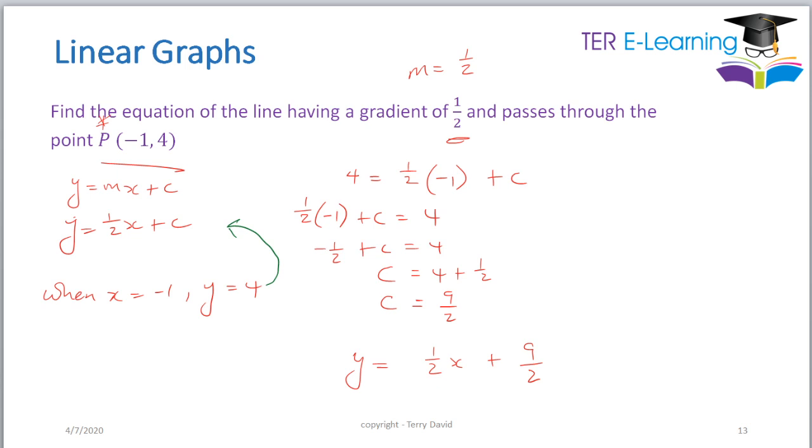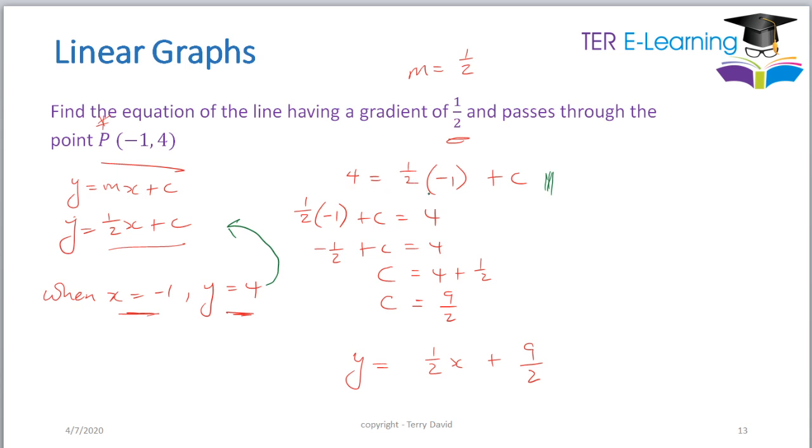So this person, Tara, is saying, how did I get 9 over 2? Well, all I did was substitute x equal to minus 1 and y equal to 4 into this equation on top here, right? So therefore, 4 is equal to a half multiplied by minus 1 plus c, right? All I've done in this part is substituted my x and y values.